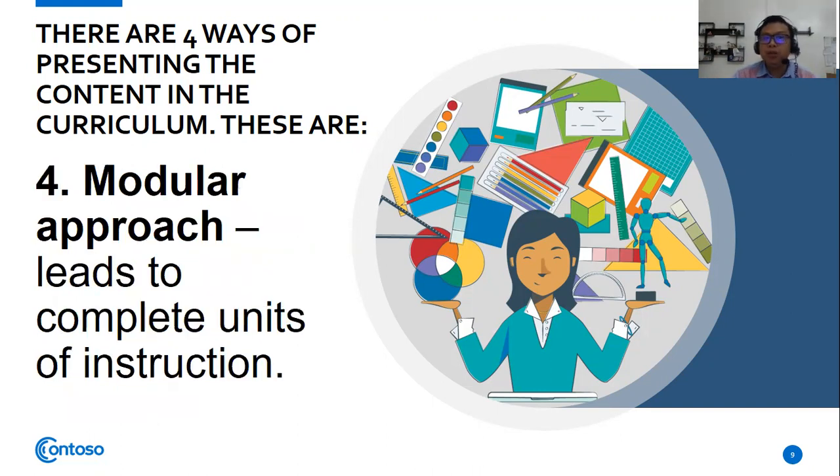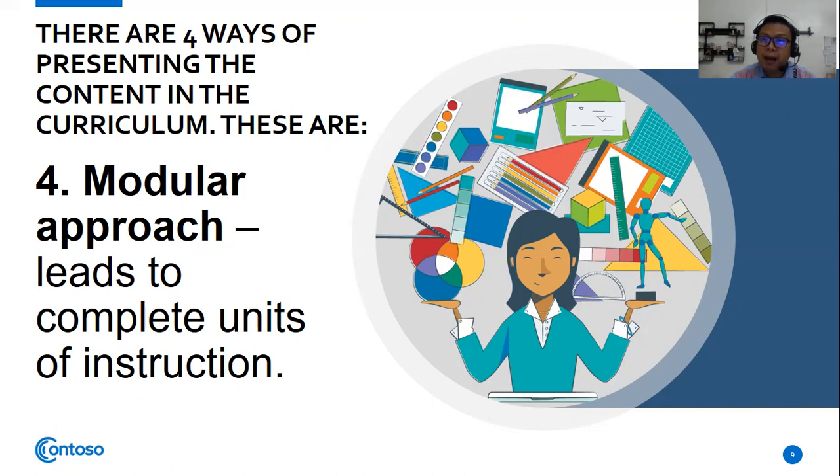Fourth is the modular approach. And this leads to complete units of instruction. There are topics, and topics are clustered, which become concepts. And these concepts are structured, which could become the theme.